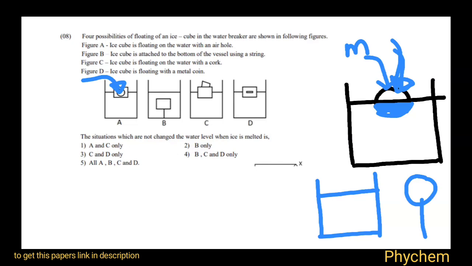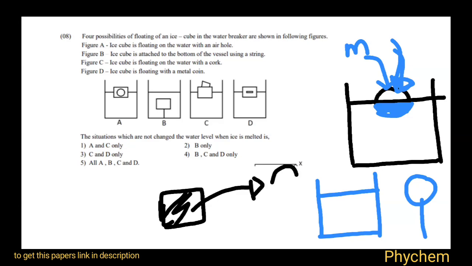Usually, when a floating ice cube melts in the water, the water level will not change, because whatever the ice cube is, when it melts, it changes into water. So the mass of the ice cube cannot change. For the initial mass m of an ice cube, after it changes to the water state, the mass will never change.